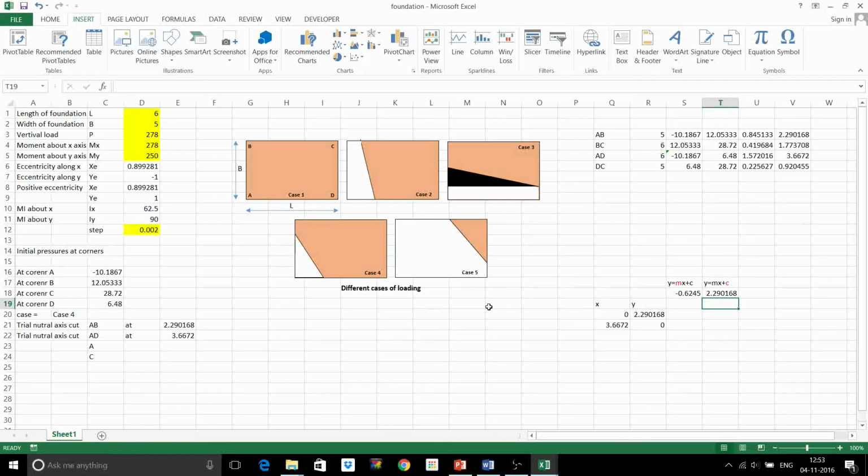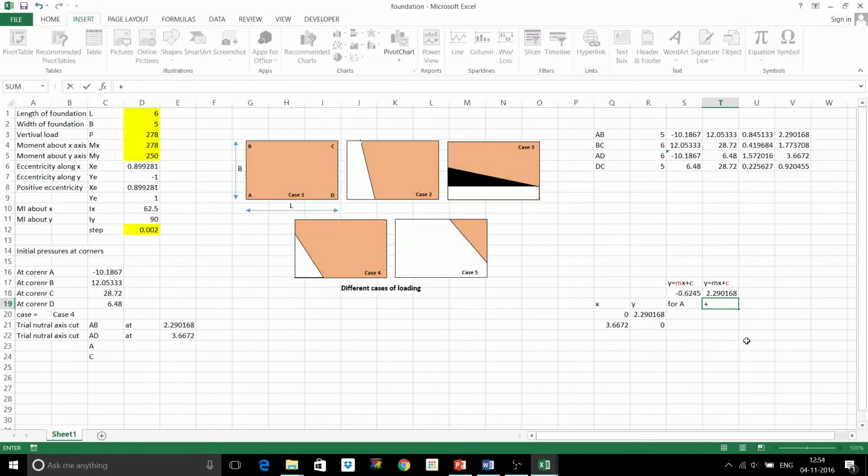So this is the equation of the neutral axis. So I will find out the x coordinate and y coordinate where this neutral axis cuts the extended edges DC and BC. So for the equation of BC, with respect to a point as 0, 0, y will be b. So for a, I will put y is equal to b.